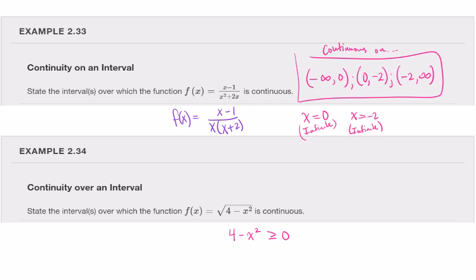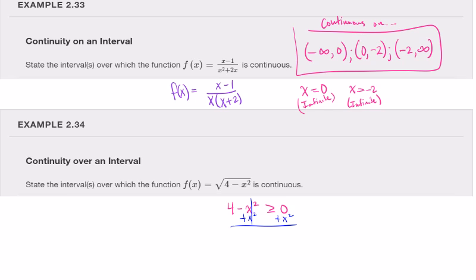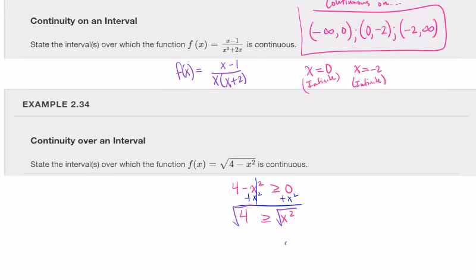So what I would do is add x squared to both sides, and we end up with 4 is greater than or equal to x squared. Then we can take the square root of both sides, and we get x less than or equal to 2.